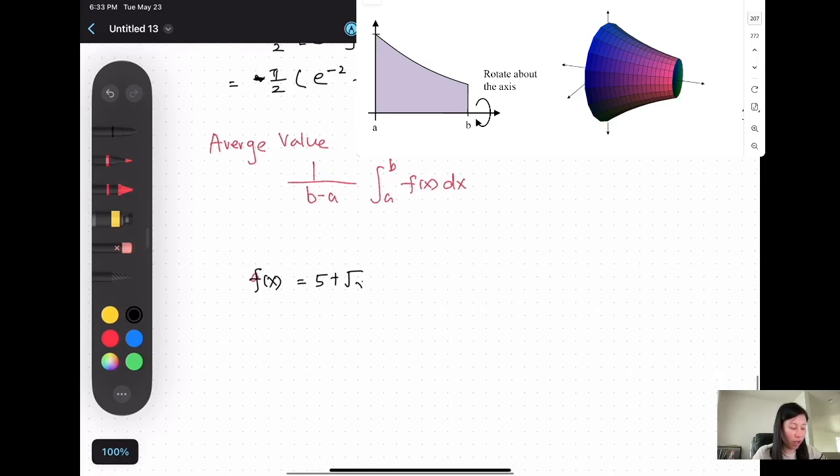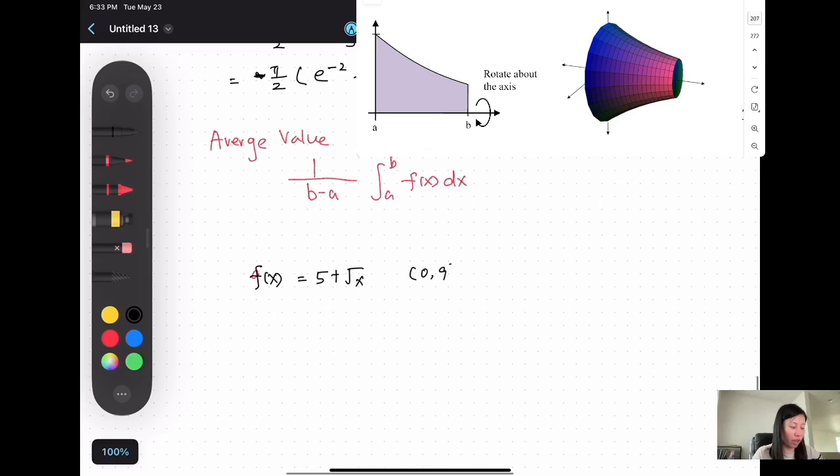And I want you to find the average value of this curve from 0 to 9.